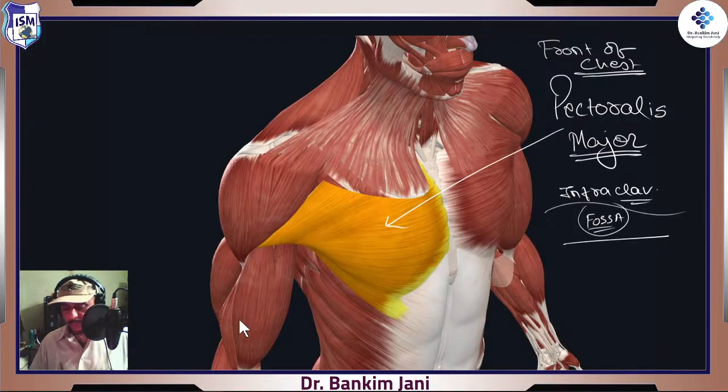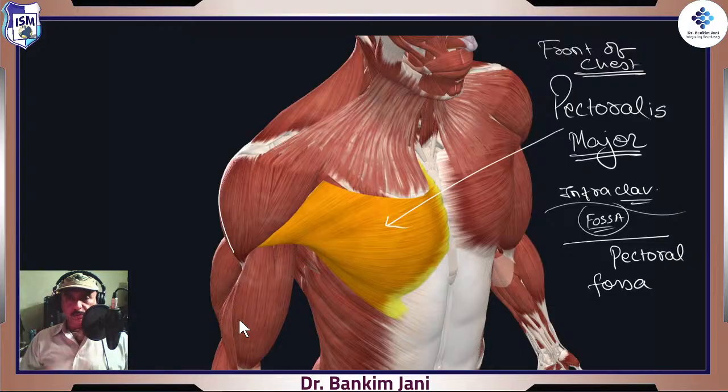But if you watch very carefully, it is in the chest, so we'll call it the pectoral fossa, right? Because it is in the chest. But at the same time, on one of its sides, there is another big muscle, right? This muscle which is giving curve to your shoulders.